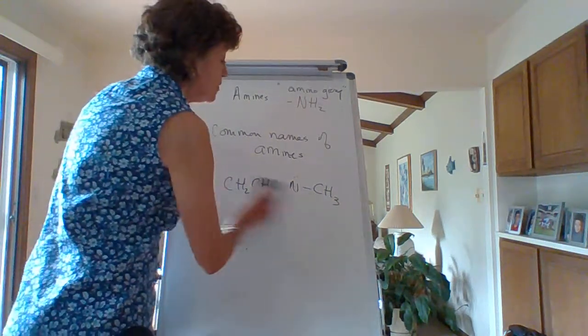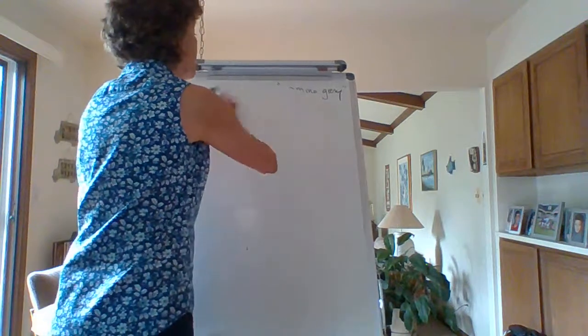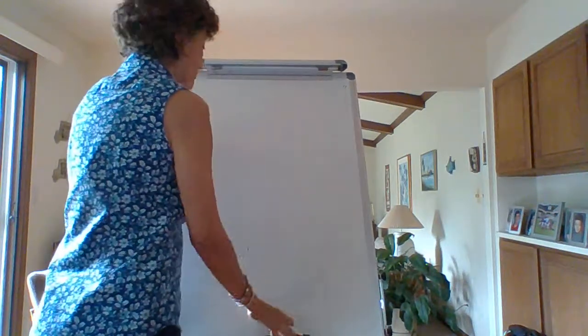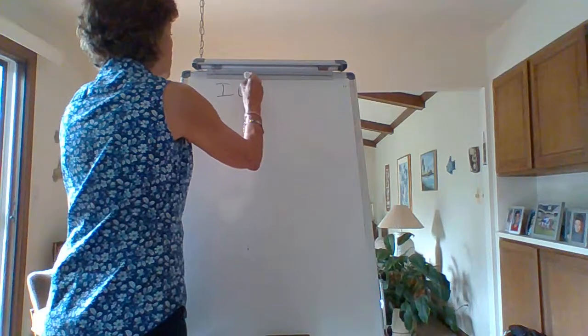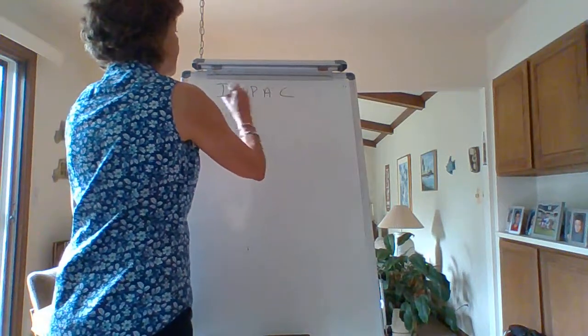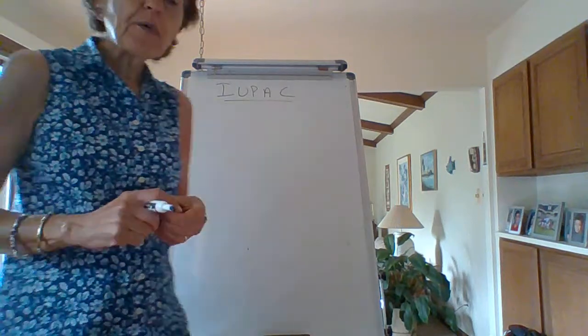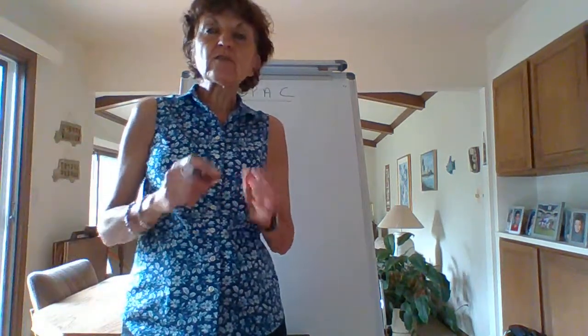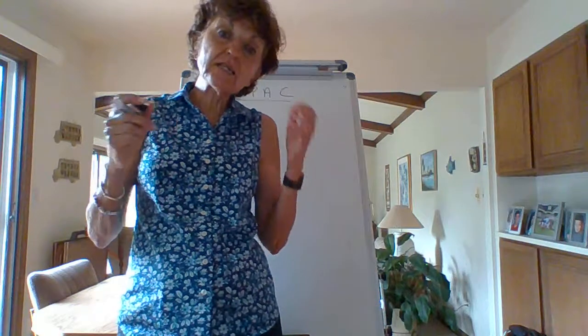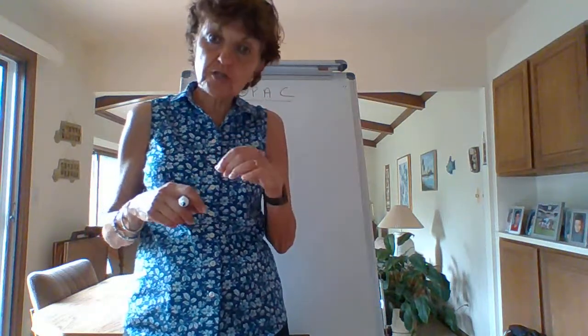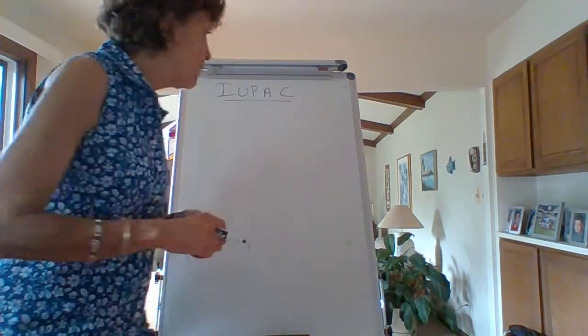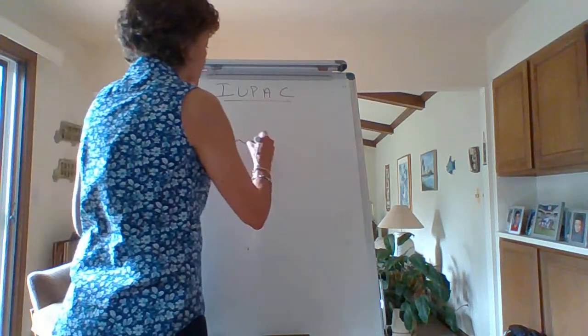Let's now go into IUPAC naming of amines. All right. So with the IUPAC naming of amines, you need to get the longest parent chain that contains a carbon that has the nitrogen attached. So let's say I have something like this.